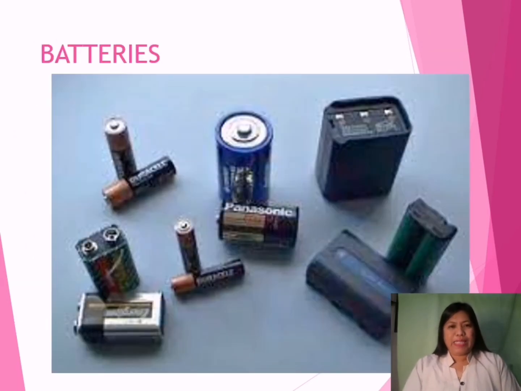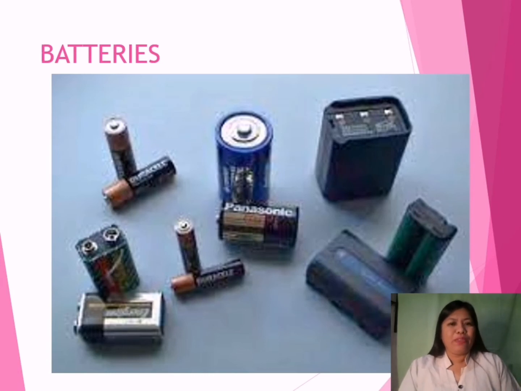Next source of energy is the batteries. I know that all of you are familiar with this. Batteries are devices that store and convert chemical energy into electrical energy. The energy produced results from a chemical reaction. They do not have carbon dioxide emissions.